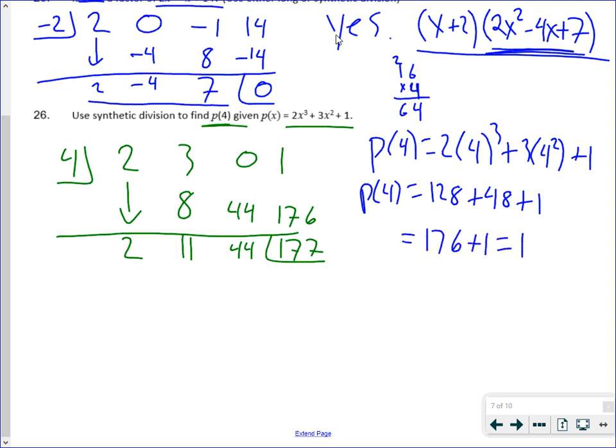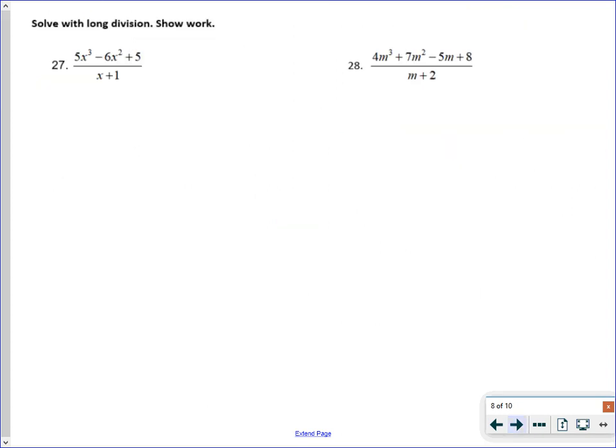Add 1, that's 177, which is exactly what we got over here. So we are correct. We used synthetic division, and it was correct. That's just a good way to double check yourself with the remainder theorem. You can also plug it back into the polynomial, and you should get the same thing as with the synthetic division. If you don't, you did something wrong on either side. All right, so let's keep on going.